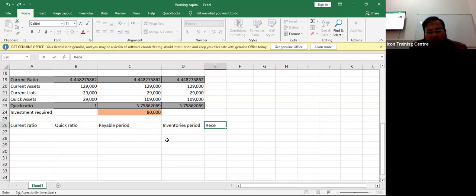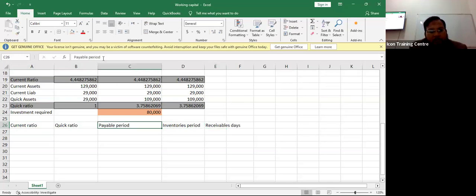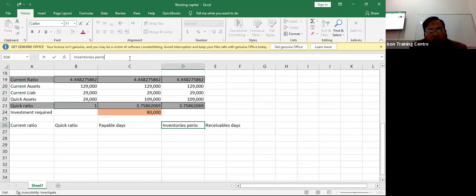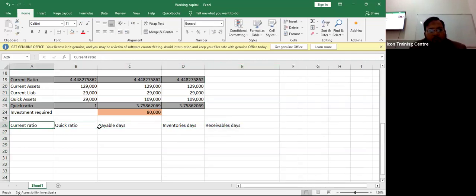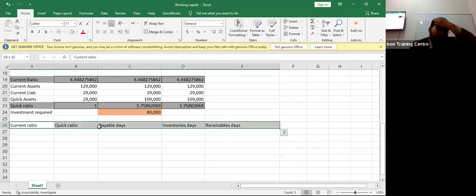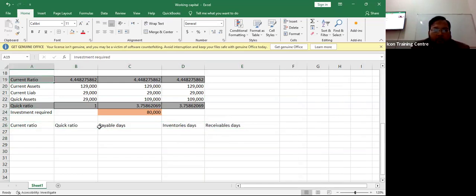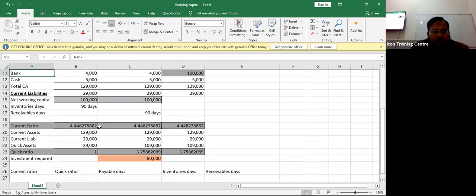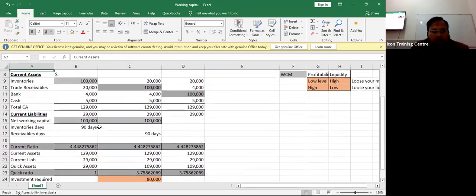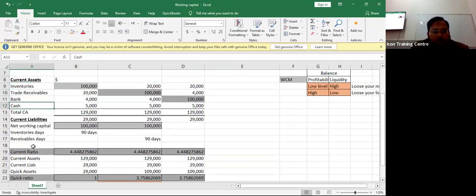Receivable days, in fact, I should say, and payable days, because it will be days now. How many days you take to pay your suppliers, how many days it takes you to convert your raw material into finished goods. So these five ratios are extremely important to analyze your business situation.